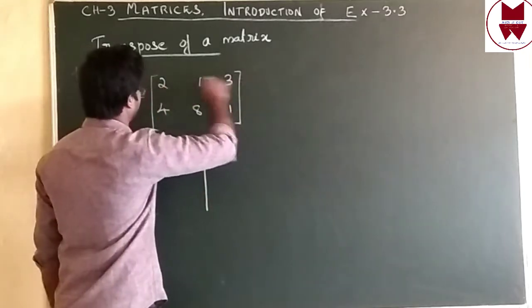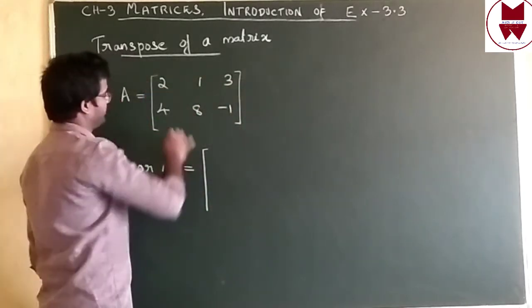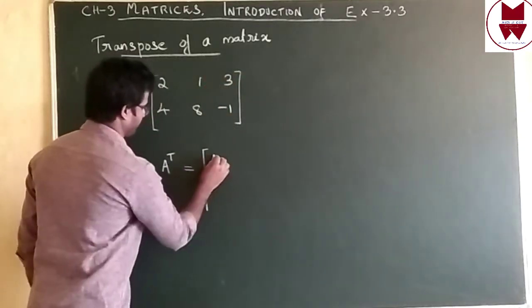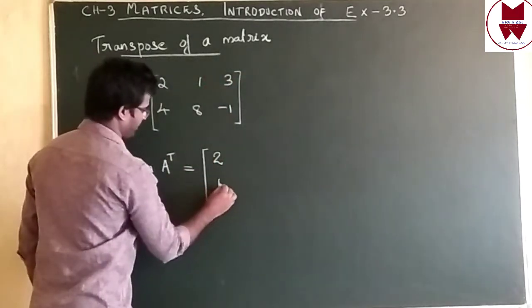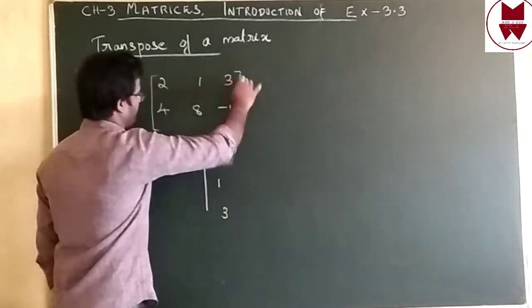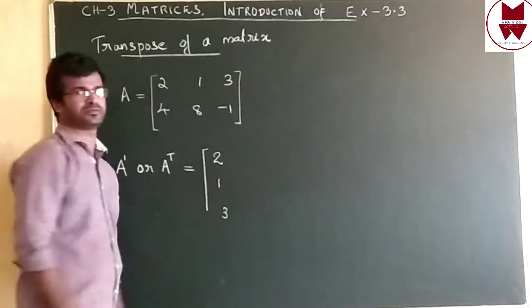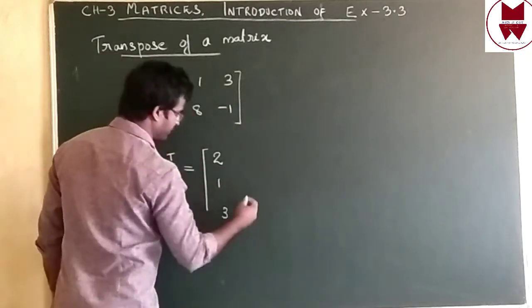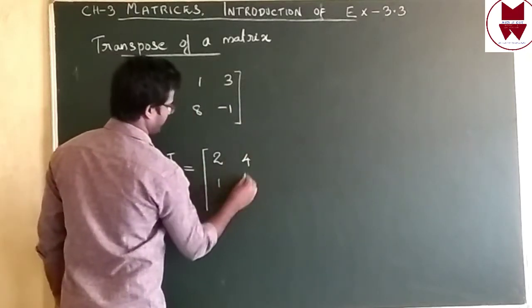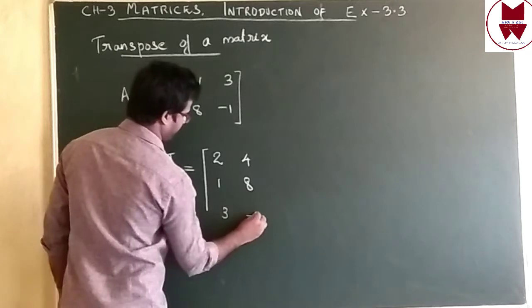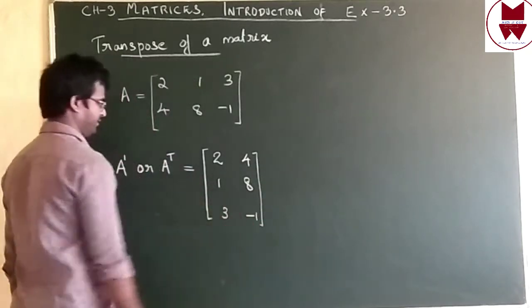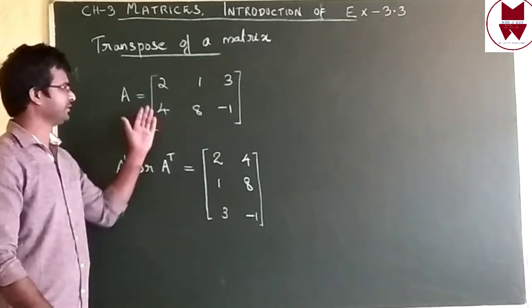This is the first row, isn't it? When you write the transpose, this first row becomes the first column: 2, 1, 3. Then the second row becomes the second column: 4, 8, minus 1. This is known as the transpose of this matrix.